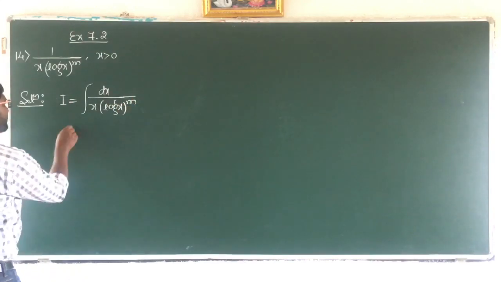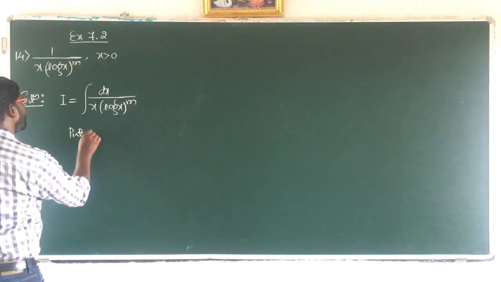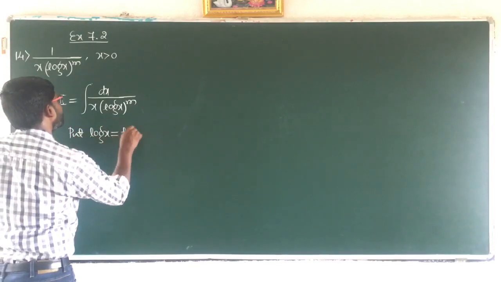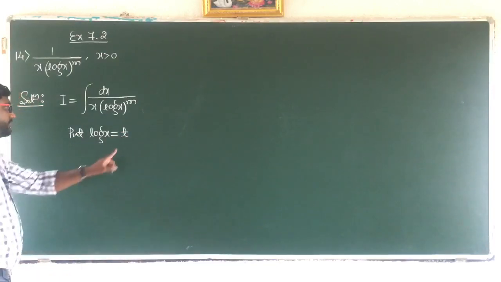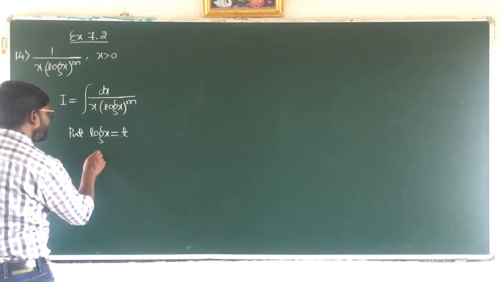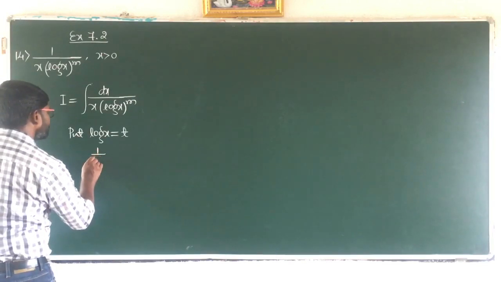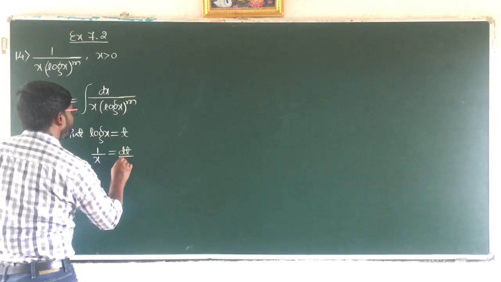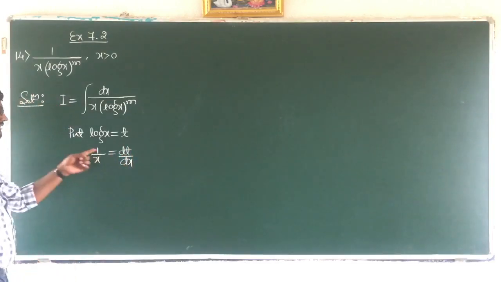So now put log x equal to t. The derivative of log x, which is 1 by x, equals dt by dx. So now take dx to the LHS.